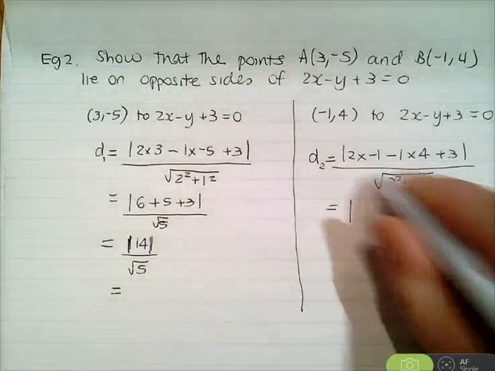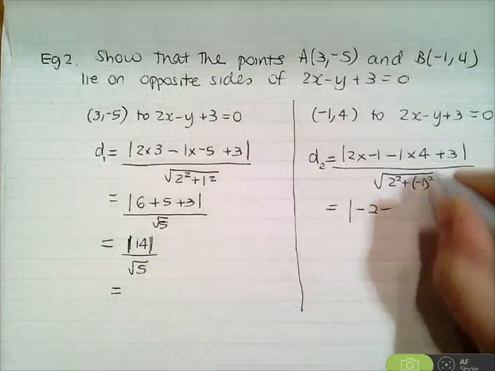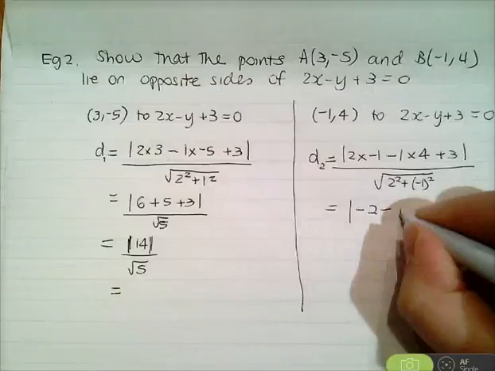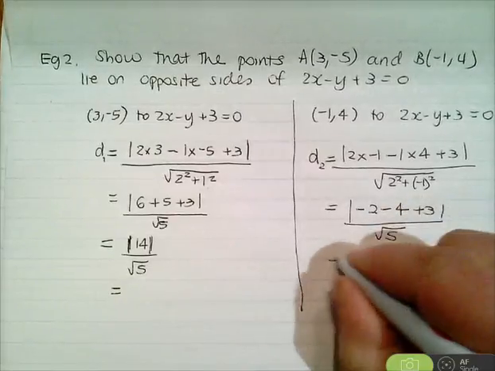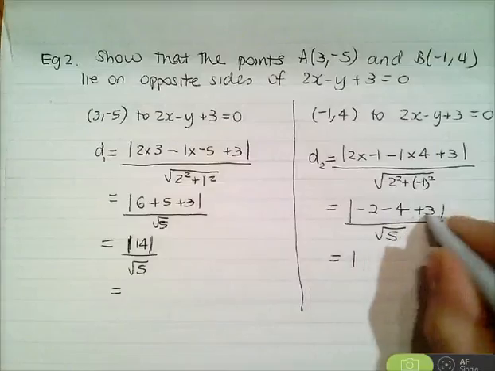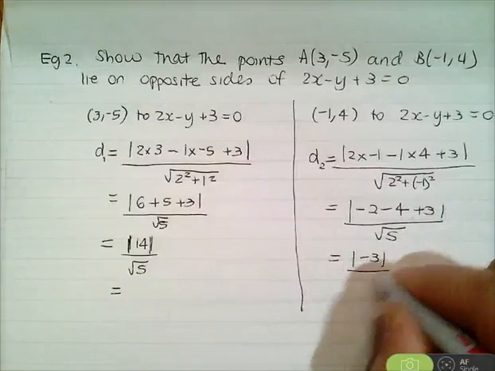Okay, and then we get 2 times -1 is -2, then minus 1 times 4 is -4, plus 3 over the square root of 5, so we get the absolute value of -6 plus 3, which is -3, over the square root of 5.